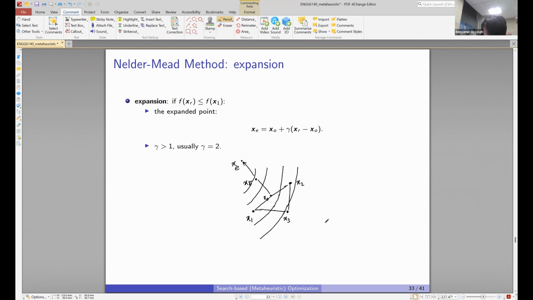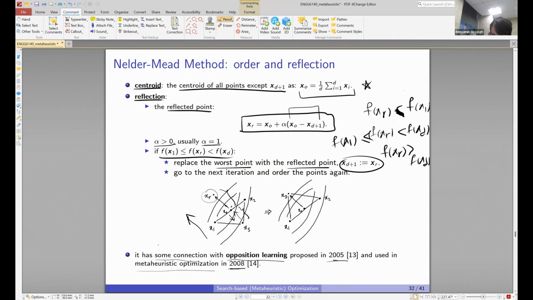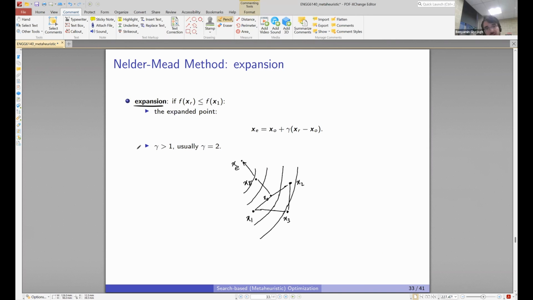Another thing is expansion. So now we consider this case where we said if f of xr is between x1 and xd, what if f of xr is less than f of x1? It means that it's better than the best corner. x1 was the best corner. xr has better cost, or less cost, than x1 even.